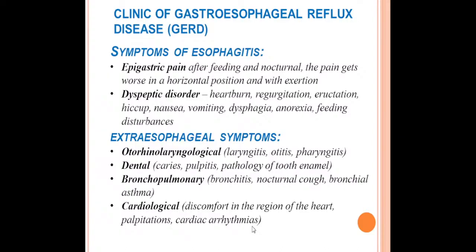Bronchopulmonary: recurrent bronchitis, nocturnal cough, and in severe gastroesophageal reflux an attack of bronchial asthma may be provoked. And cardiological symptoms: discomfort in the region of the heart, palpitation, and cardiac arrhythmias.